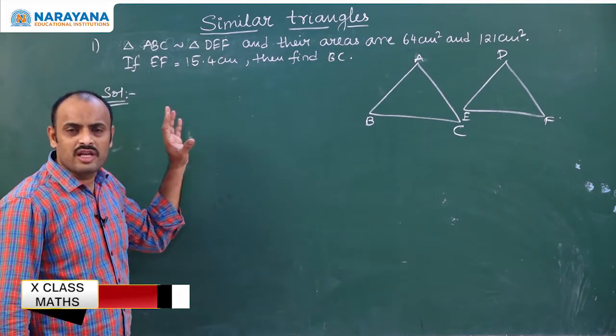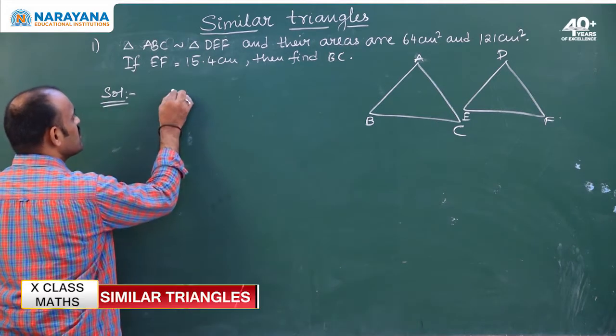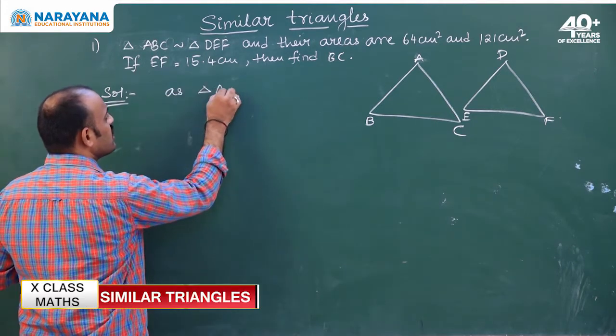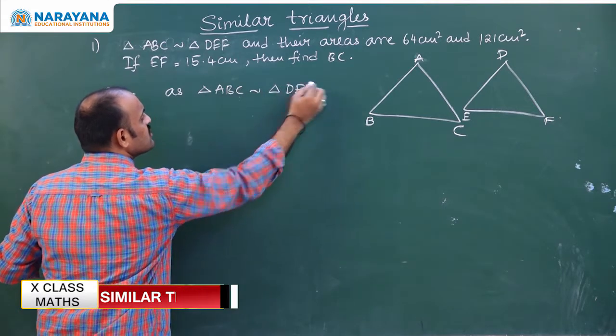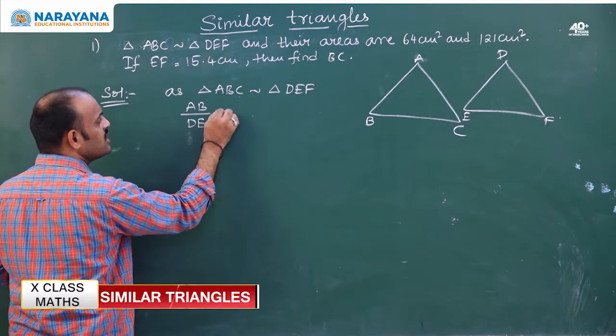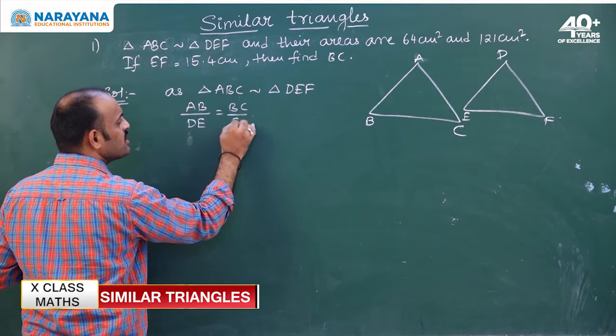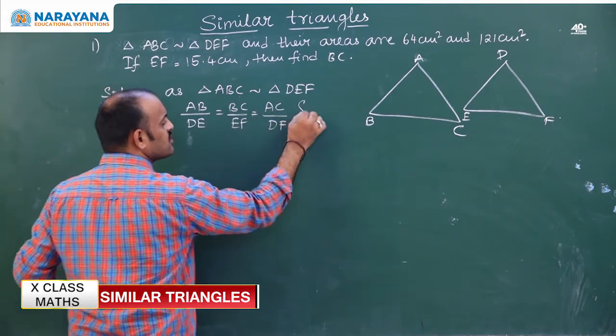Once two triangles are similar, the ratio of the corresponding sides are equal. AB by DE is equal to BC by EF is equal to AC by DF.